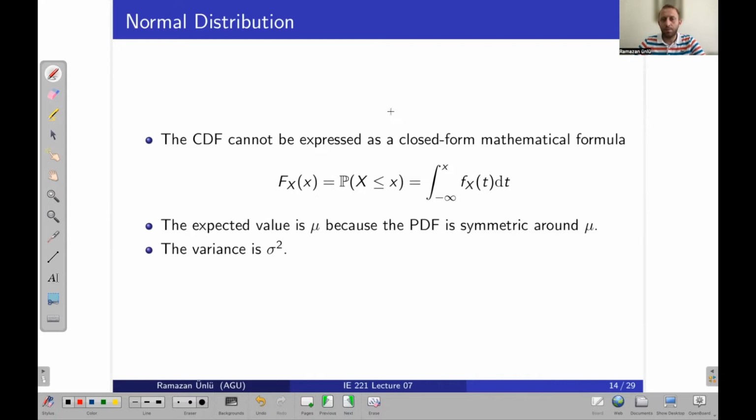What I mean is, let's say this is the PDF of the normal distribution. The CDF tells us the probability that X will be less than or equal to some value, and let's say this is that value.